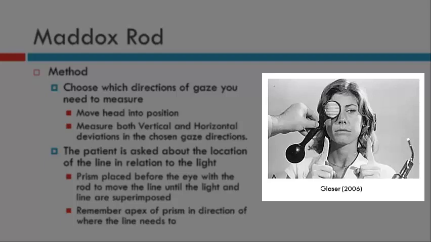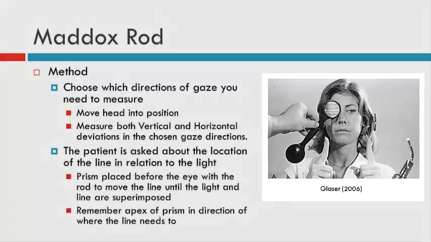You'll ask the patient where the line is in relation to the light, and you can see there she's depicting this with her fingers. You'll then take the prism to neutralise the deviation and ask the patient when the line bisects the light or runs through the light, and this will indicate the size of the deviation.